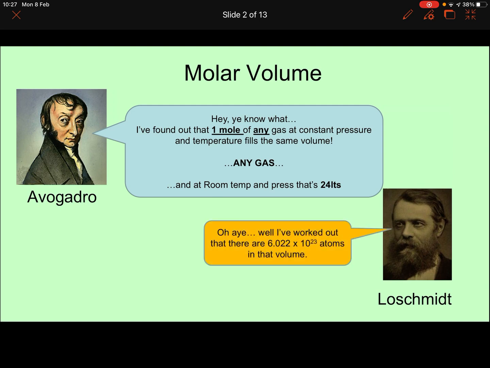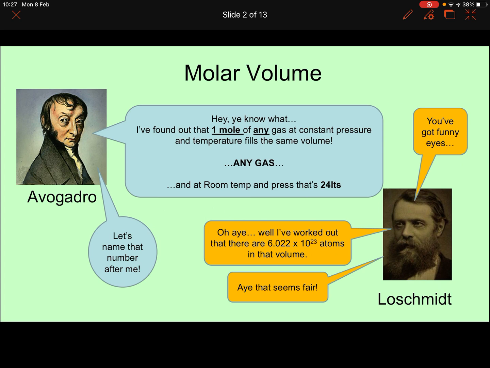Loschmidt then worked out that a mole is actually 6.022 times 10 to 23 atoms, and we ended up giving that number a name. We called it Avogadro's number, right? Yeah, which seems a bit unfair.